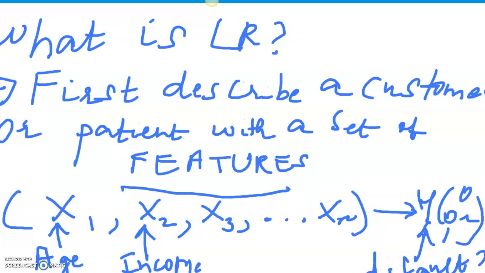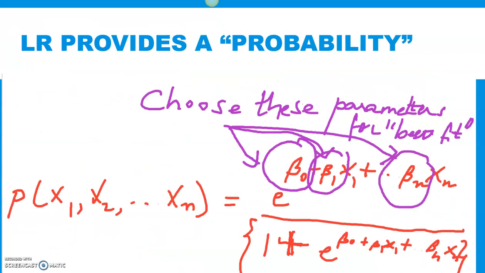Then we looked at logistic regression, and again, the process is the same. Describe the customer with a set of features, x1 through xn. You know the y variable for the training set. And all logistic regression did was build this logistic function, which is actually a probability. Logistic regression is an example of a parameter fitting algorithm, meaning it is searching for the parameters beta naught, beta 1, through beta sub n, such that the predicted probability reflects what you see in the training data set.